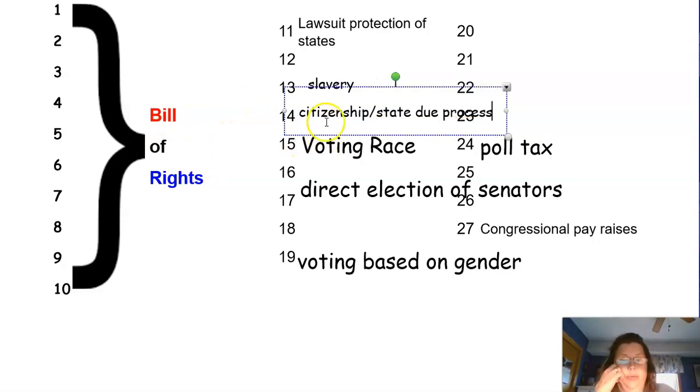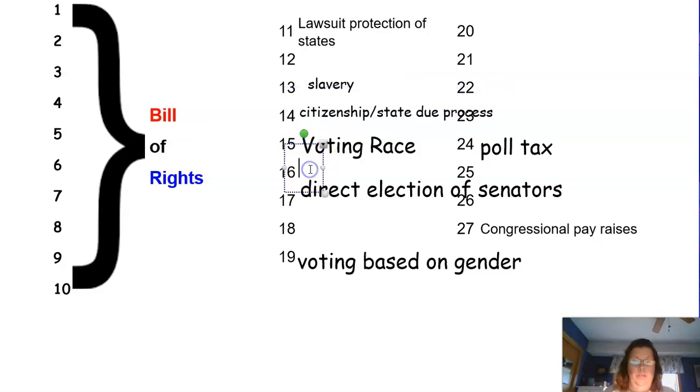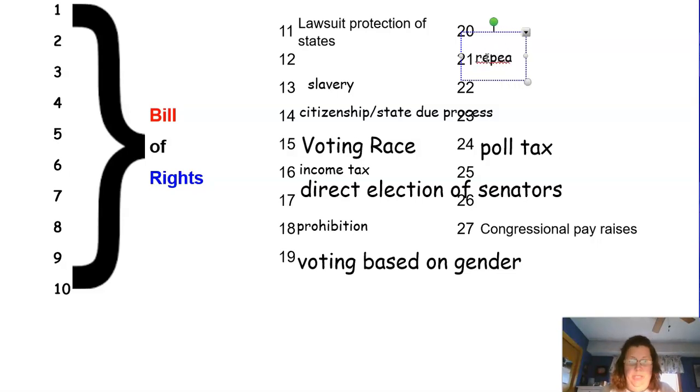And then we get to voting based on race. Then we end up with income tax. And then we go to prohibition. And then in order to get rid of prohibition, we have to repeal prohibition.